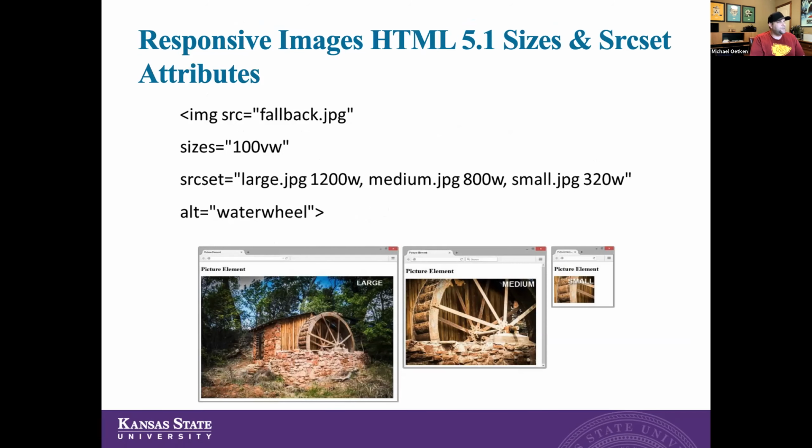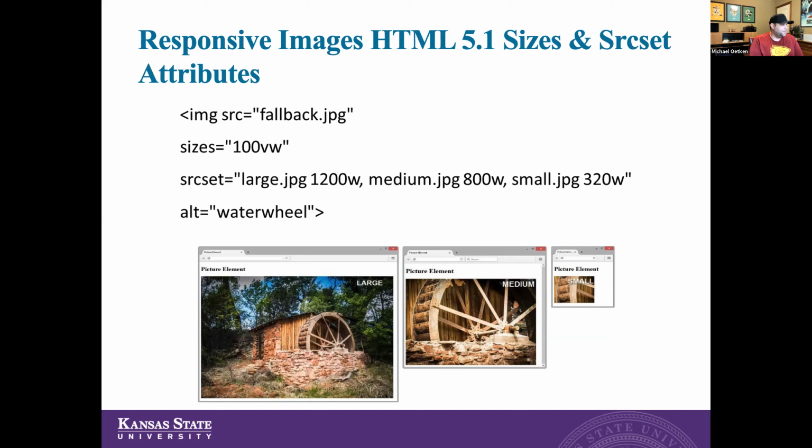Another option is we can use sizes and srcset attributes. This does kind of the same thing. We have our main version there, the main image source, fallback.jpg. Then we type in sizes equals 100vw. We're talking about widths here.